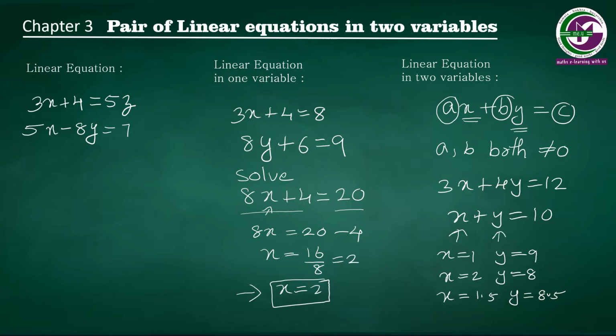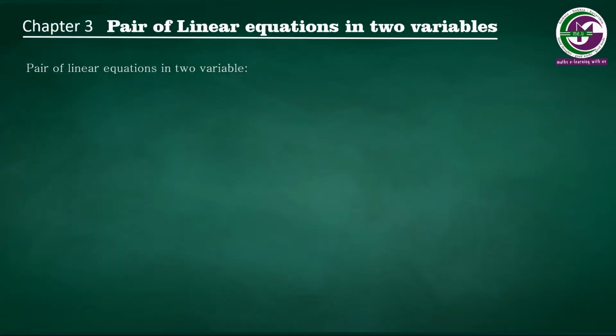And in class 9, in the chapter linear equations in two variables, we have studied how to represent these solutions in a graph. Now, pair of linear equations in two variables. When we consider two linear equations in two variables, we say it is a system of linear equations in two variables or a pair of linear equations in two variables.